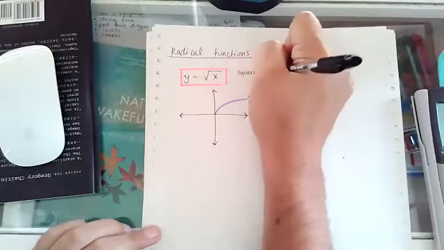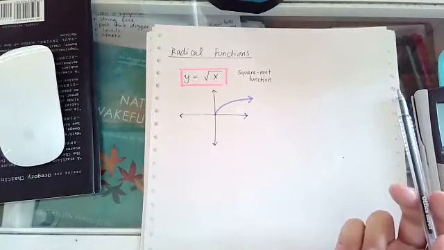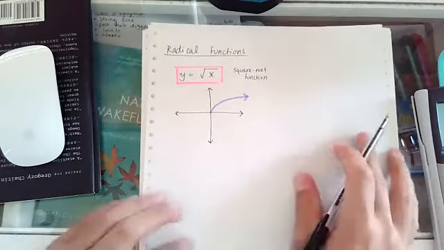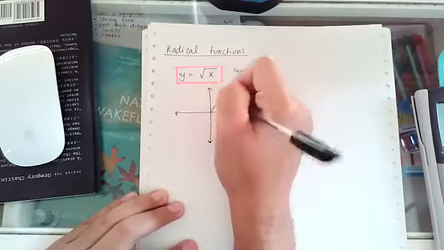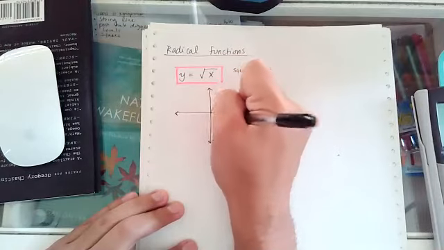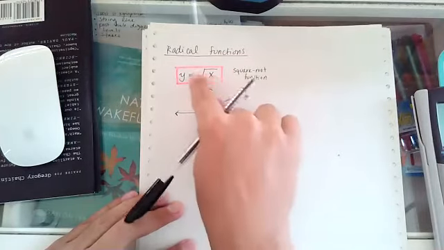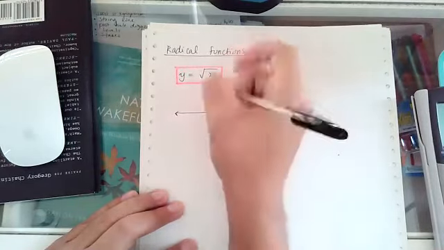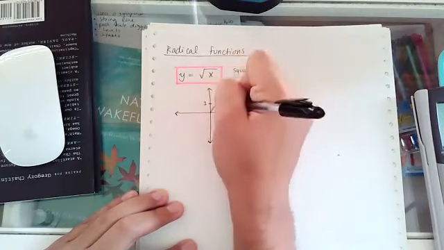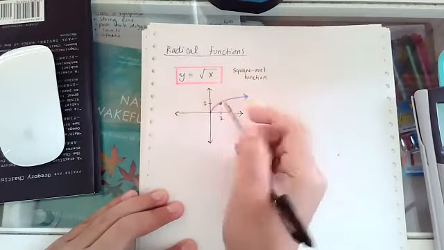And the reason I'm calling it the square root function is because it takes the input x, whatever that value is, and we're just taking the square root of it to get the output. Okay. So if you were to put the input of 1 into the function, well, the square root of 1 is just 1. So this point right here should be at 1, 1.